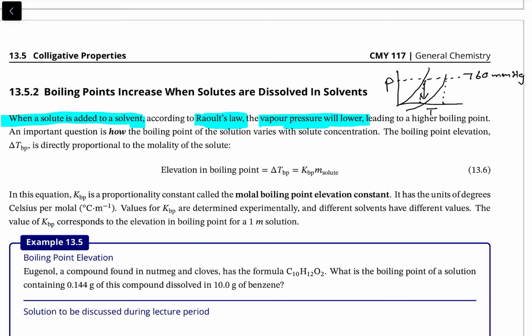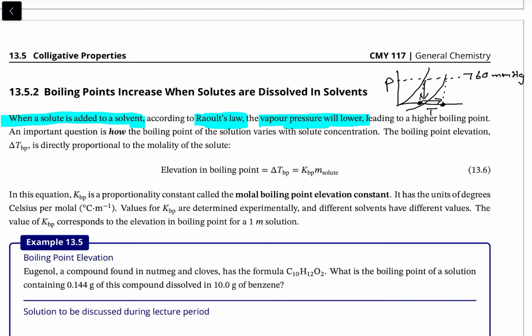What happens to where this 760 millimeter mercury line cuts these curves? Do you notice that your temperature shifts to the right? So hence your boiling point went from whatever it was there to a new boiling point, which is to the right, a higher boiling point.